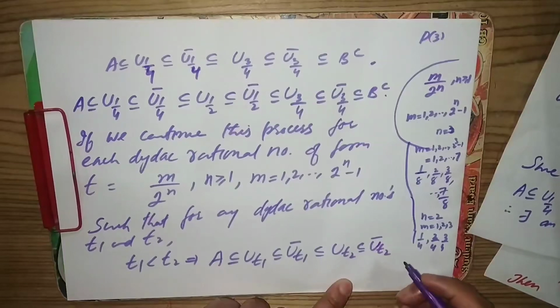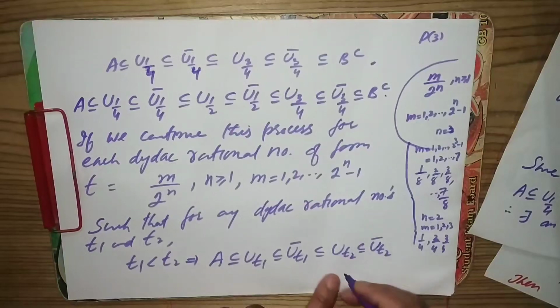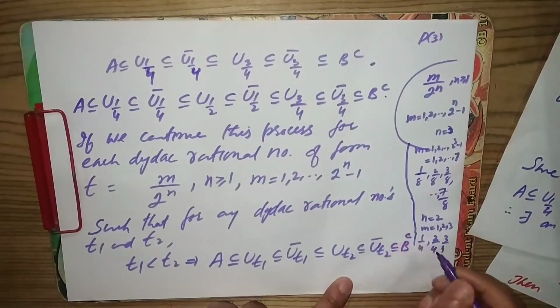This is always true. A is a subset of Ut1, subset of the closure of Ut1, subset of Ut2, subset of the closure of Ut2, and finally it is a subset of B complement.